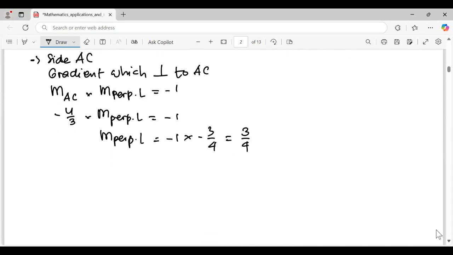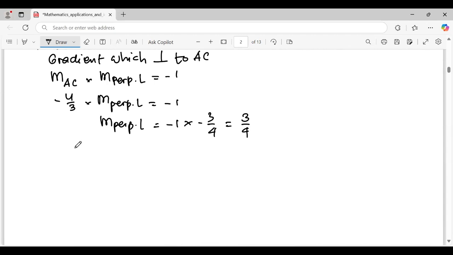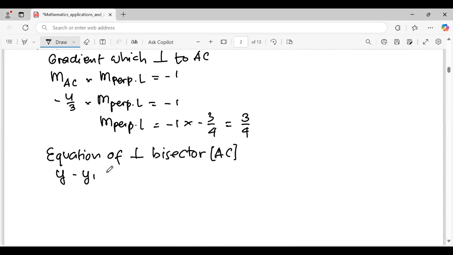And the next step is we're going to find the equation of the perpendicular bisector AC.